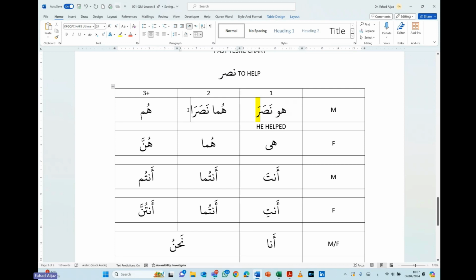So that stretch is actually representing the inside pronoun. This ra and alif is telling you there is a huma inside it, and this huma is masculine huma. So what you're saying in your mind is huwa nasara, huma nasara, a little bit of a stretch.